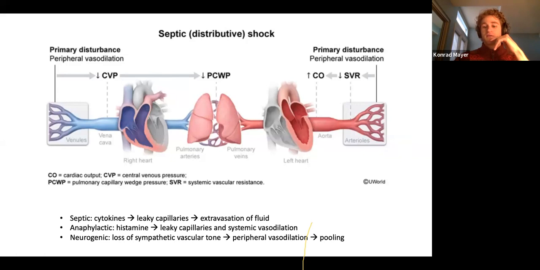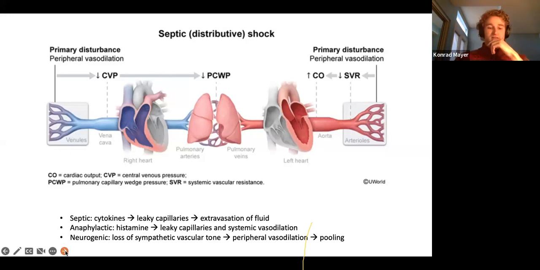And because we have increased cardiac output, we have decreased pulmonary capillary wedge pressure and decreased central venous pressure. So it's all about locating where our problem is in this form of shock and how this affects the stations of the blood beforehand and afterhand.